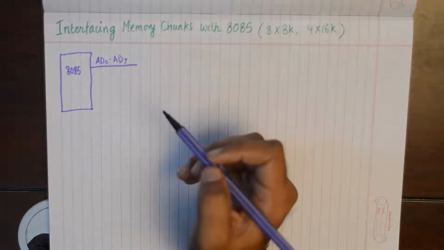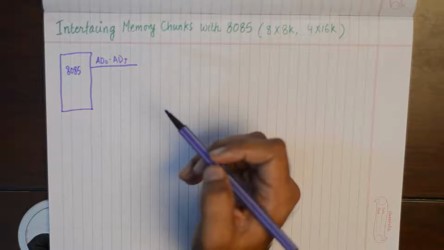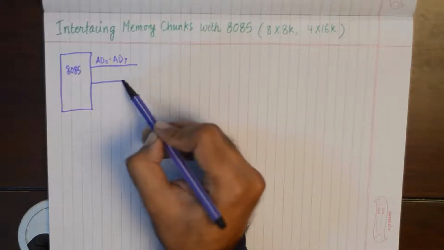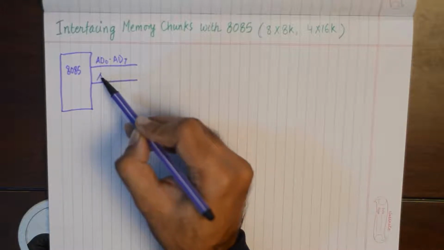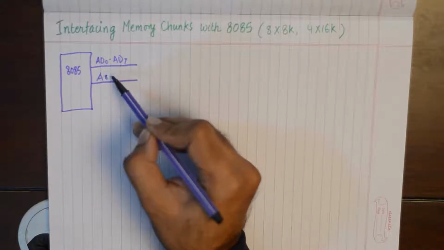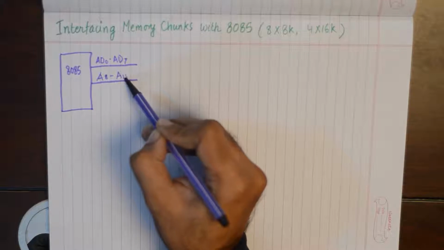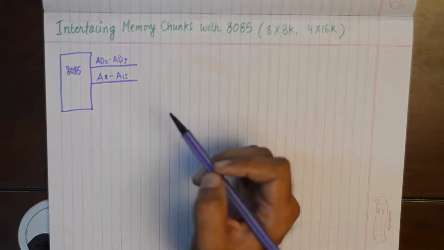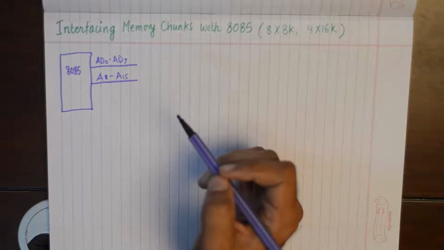The lower order address bus is multiplexed with the data bus, and the higher order address bus is not multiplexed. That can be used as it is to form the memory address.